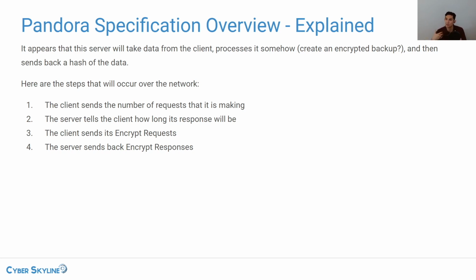So when I give you my response, it's going to be this length, I guess in bytes. After that, the client will send its requests to encrypt this data to the server. And then after the client sends all of those requests, the server will send back all of those hashes as a response. So those are the 4 steps that are happening here.